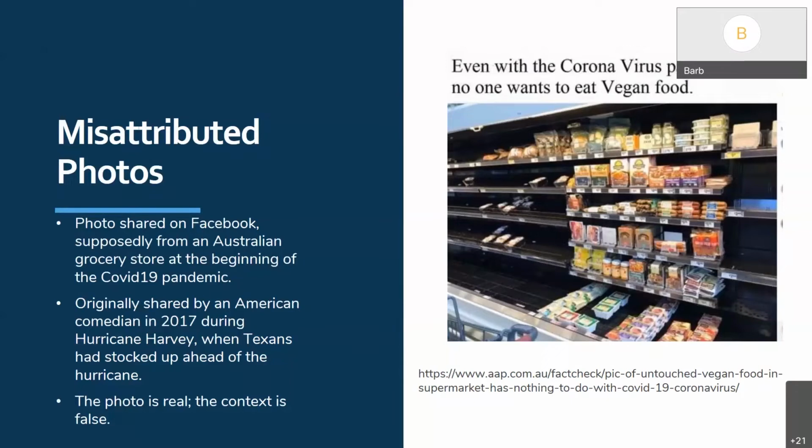This photo was originally taken and posted by someone in Texas in 2017 when stores got cleared out ahead of a hurricane. Then the photo was reposted in Australia early in the COVID-19 pandemic to make a joke about panic buying. So the photo you're looking at is a real photo, but the context doesn't fit.